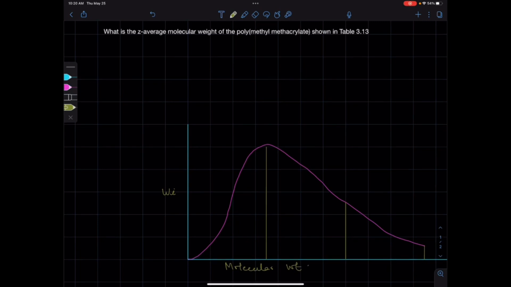So this is Mn, this is Mw, and this is Mz. For a random molecular weight distribution, Mn is to Mw is to Mz is 1:2:3, as shown in this illustration.